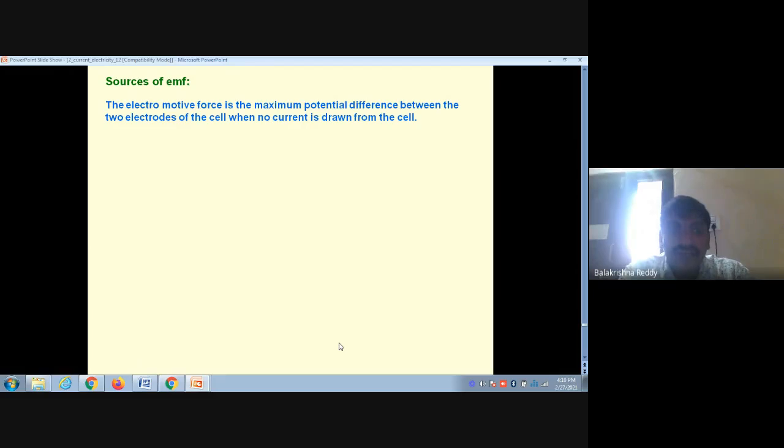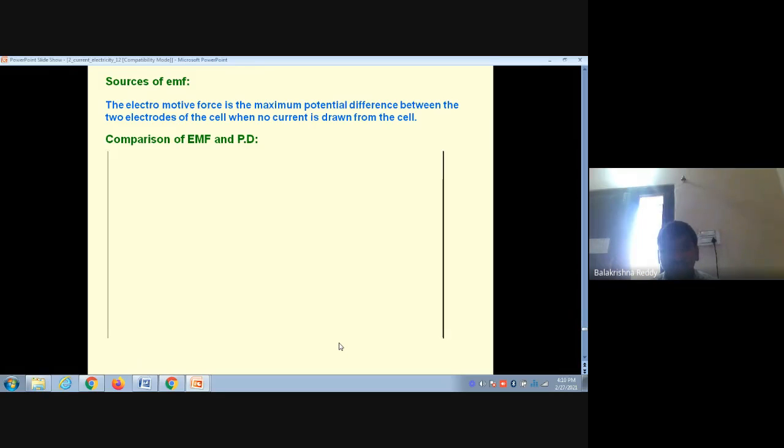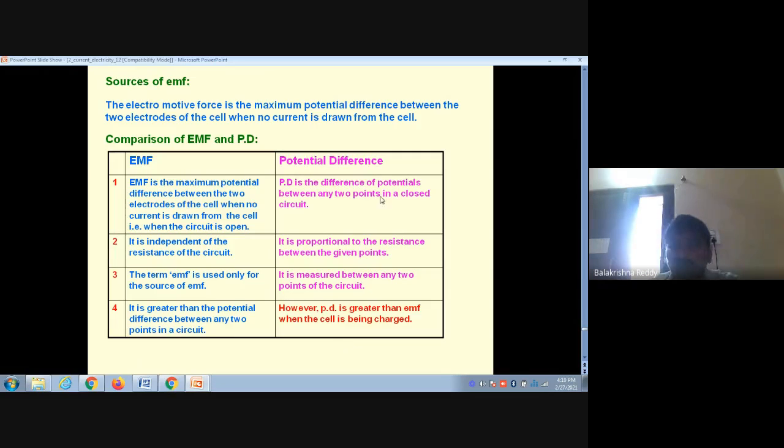It is nothing but the maximum potential difference between the two electrodes. Simple, I can tell you.